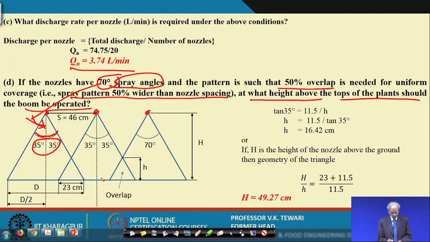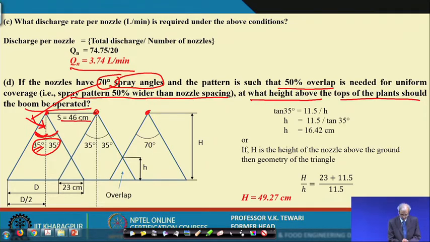And now, how do we approach this? If you drop this here, you get this angle, which is 35 degrees. And if d is the total diameter or width which has been covered, d2 will be up to this. Now we have said that it is 50% wider than the nozzle spacing.